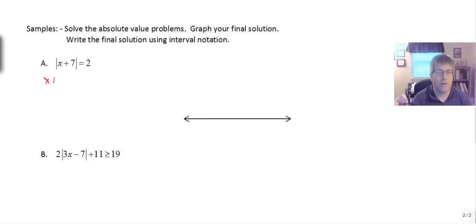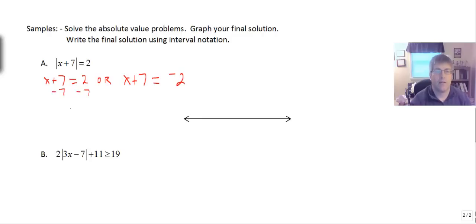So our first equation is x plus 7 equals 2. And since this is equals, we said this was a disjunction, so we'll use "or." Then we drop the absolute value bars again. We flip the direction of our equal sign, which is still an equal sign, and take the opposite sign and get negative 2.